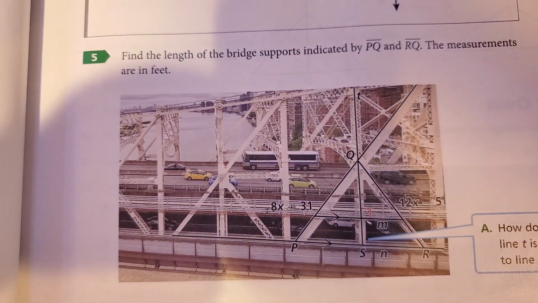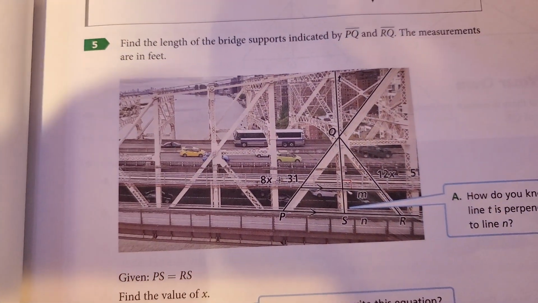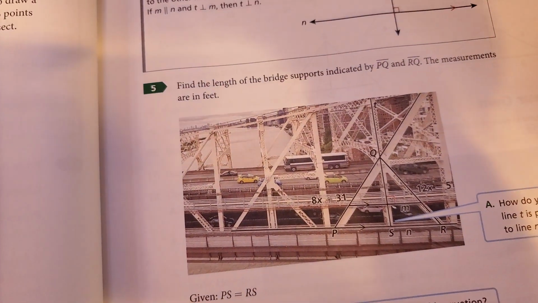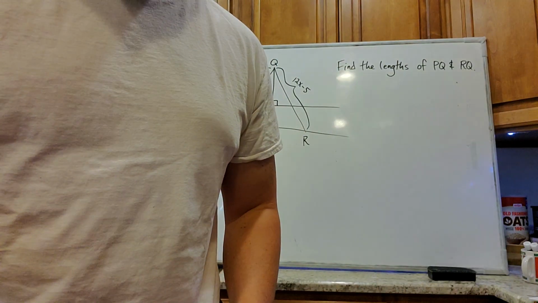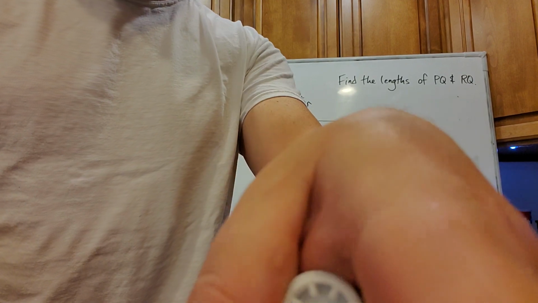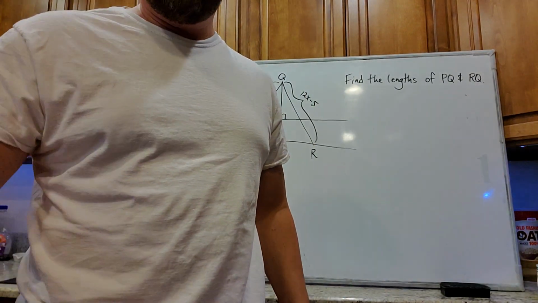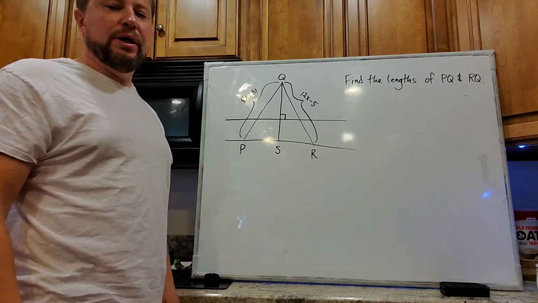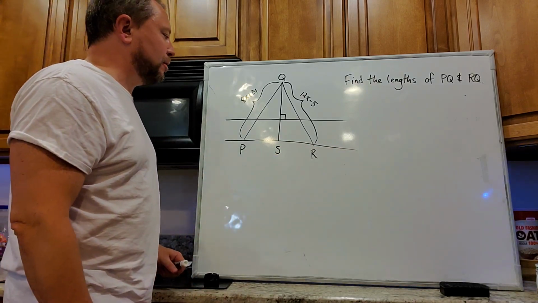Okay, so I'm going to do the same thing. I'm going to take all that given information and find those lengths like they said. But I put it up here on the dry erase board, so that'll be a little easier for you to see instead of in that picture that had that whole bridge in the background and everything, which made it hard to see.